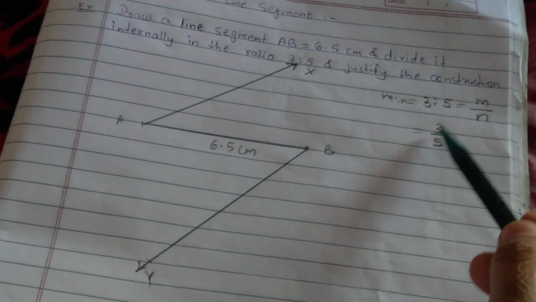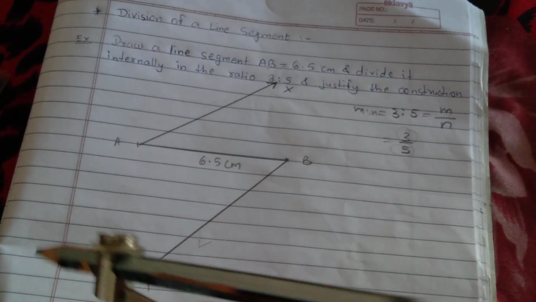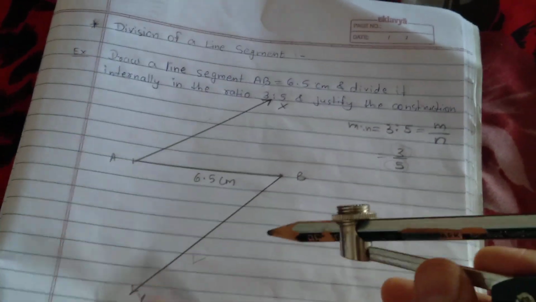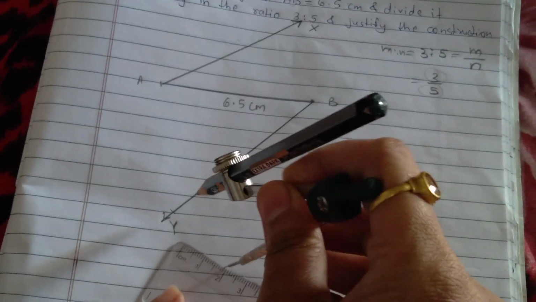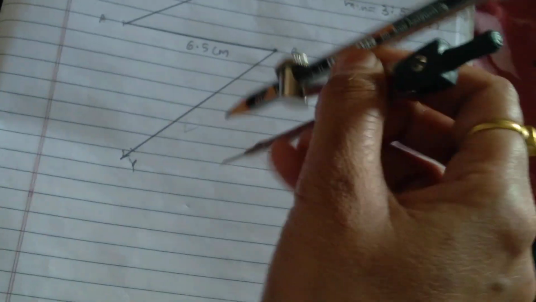So these 3 parts will go on this ray and these 5 parts will come on this ray. Now with the help of the compass, we will take an equal distance. Suppose I decide to take 2 centimeter or 1 centimeter. It is not defined. It completely depends on you how much distance you take.